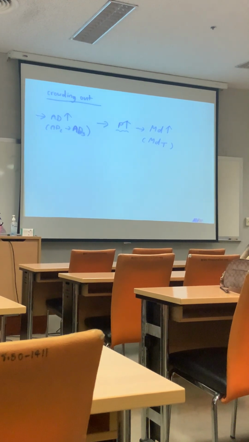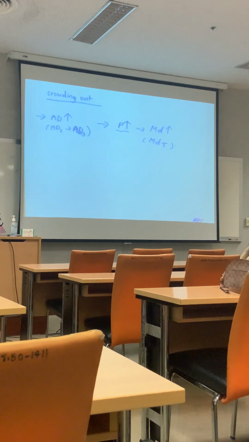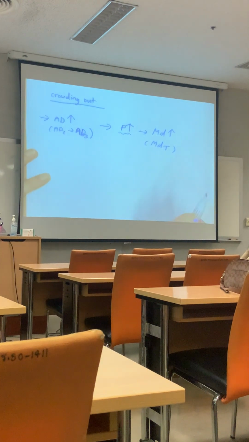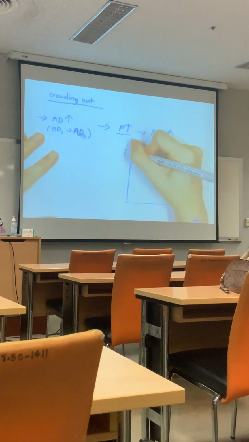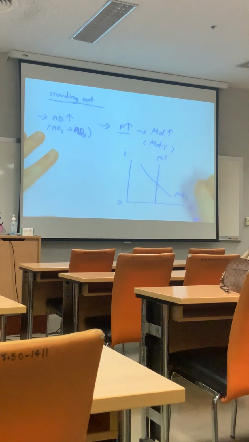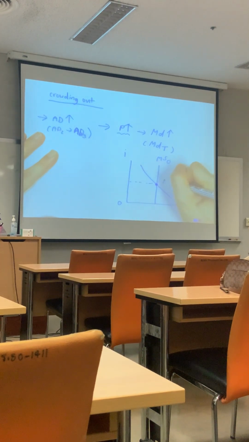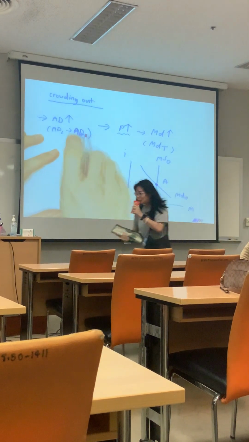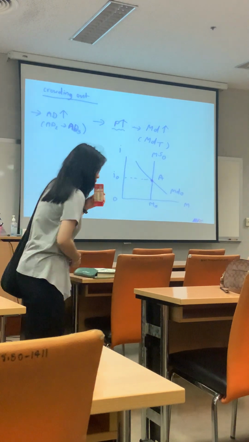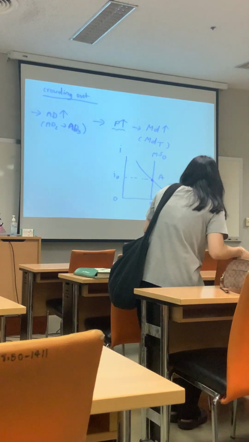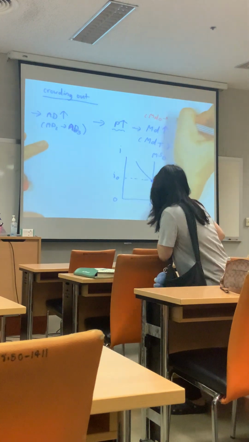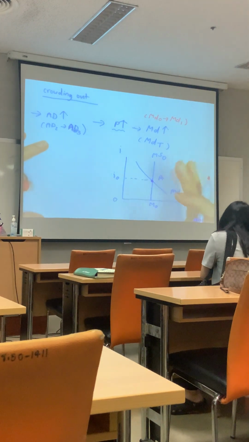So that's why when the time passes, MD of people will increase and it will affect the graph, which is the graph of the money market. So MD can increase from MD0 to MD1. Graph will shift rightward.